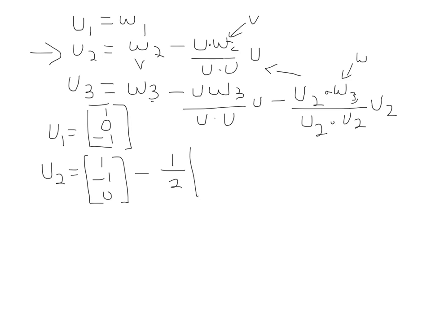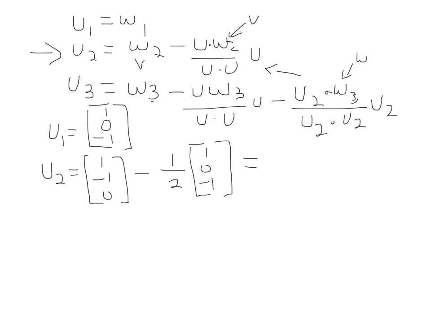We're going to multiply that by vector u1, which is the 1, 0, minus 1. And then the result that we get there is actually going to give us vector u2, and we need that to do the third vector.